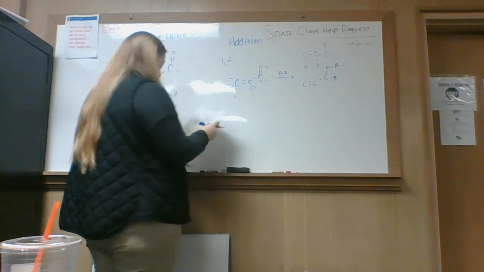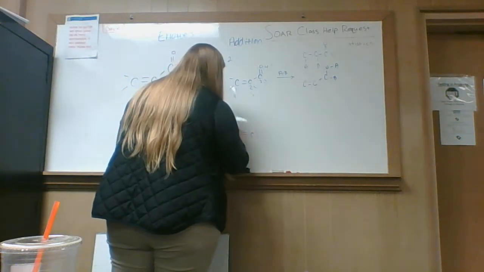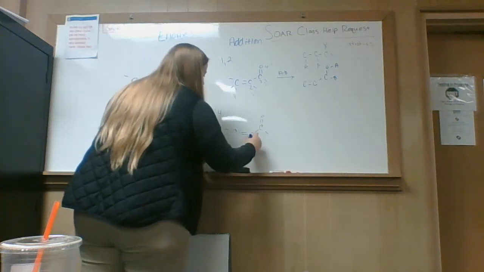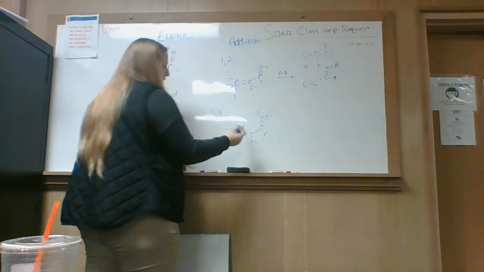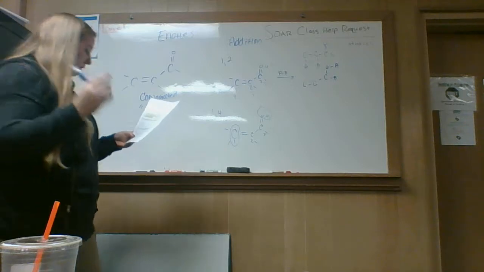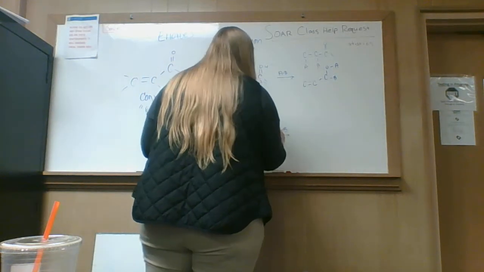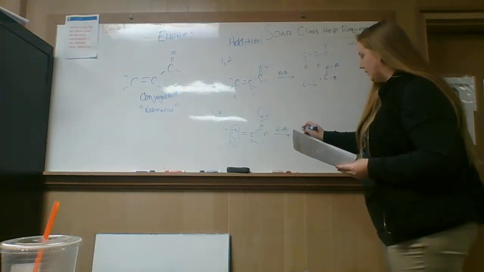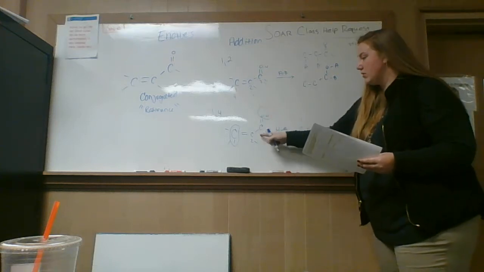With 1,4 additions, both the pi bonds are going to be broken. Let's take a look at that. So again, when we're looking at 1,4, the farthest carbon and the oxygen are where the additions are going to be taking place. We break both of the double bonds.